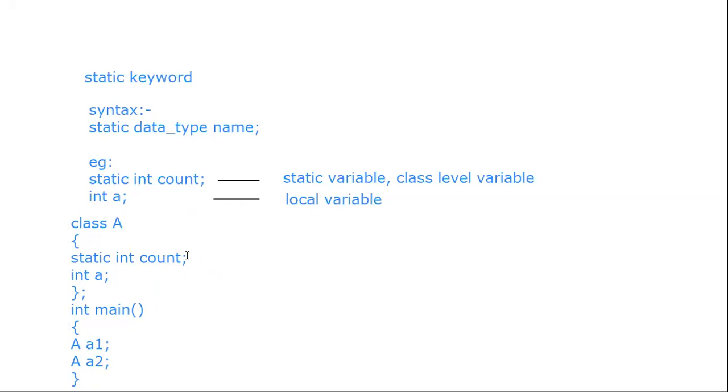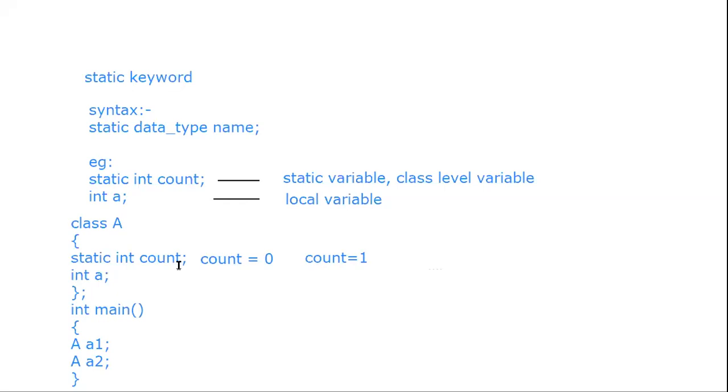Assume that when the first object is created, the value of this static variable is initialized to 0, and inside this class A we increment the count value. Suppose after the first iteration count is 1, and with the help of the second object, a2, we want to access that static variable.